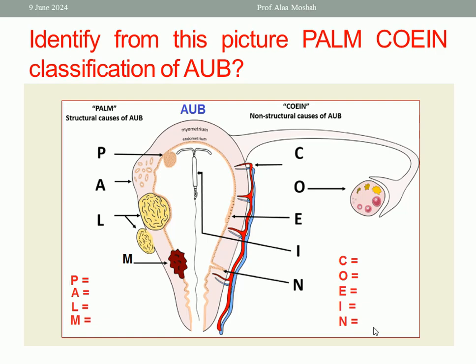So this is the PALM-COEIN classification as you see in the picture.